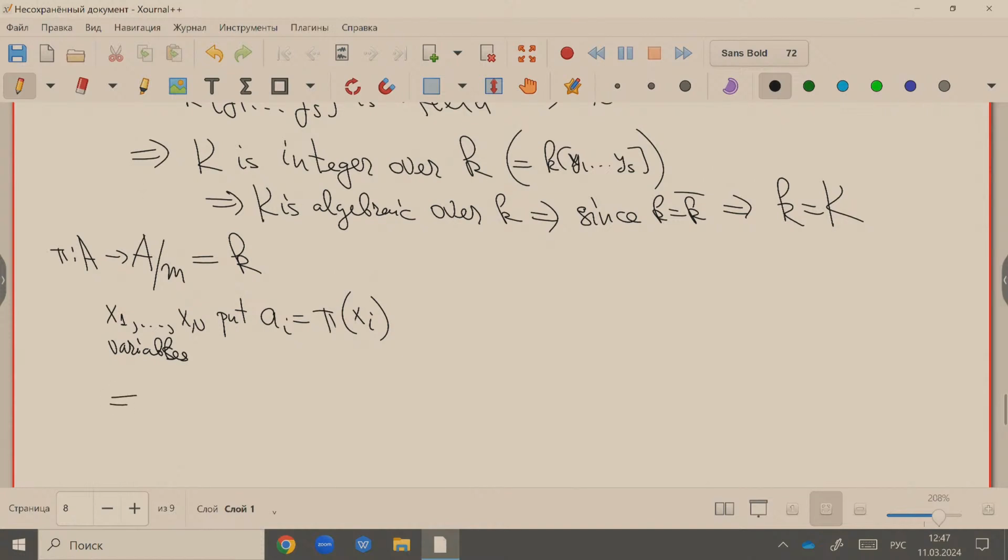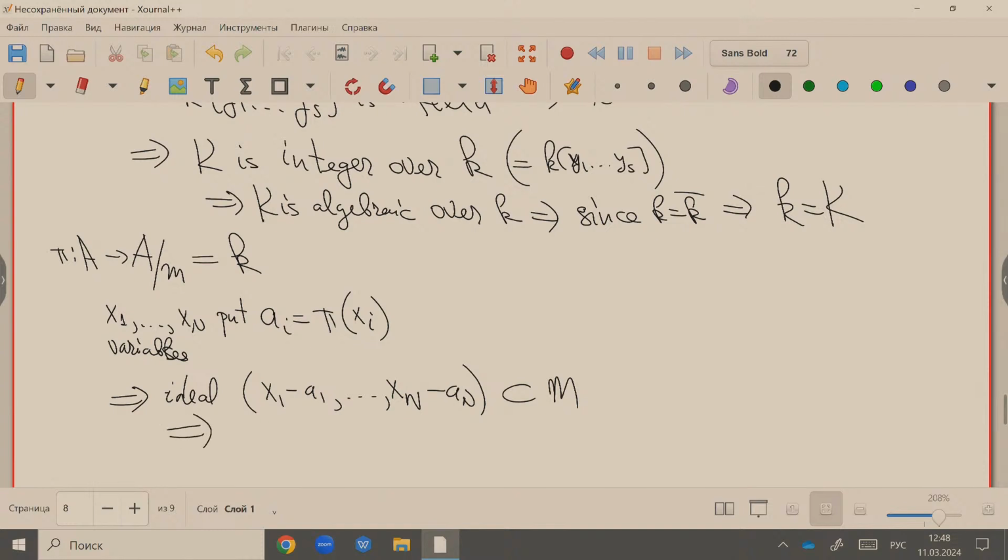So what does it mean? The ideal generated by x1 minus a1, ..., xn minus an belongs to M, just because in A mod M you see that this is 0.